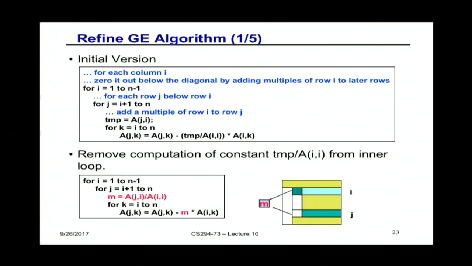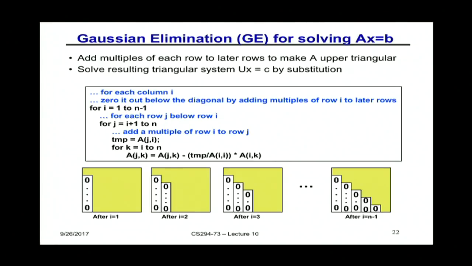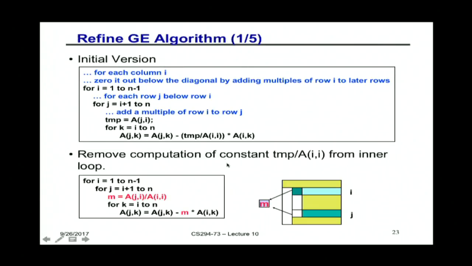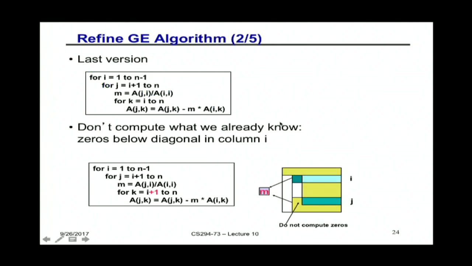So that's one trick we use: taking this division out. It's constant relative to this loop, so we just put it outside. We call this the multiplier, and inside is a constant multiplying this. It's a scalar-vector operation. So that's the first refinement.